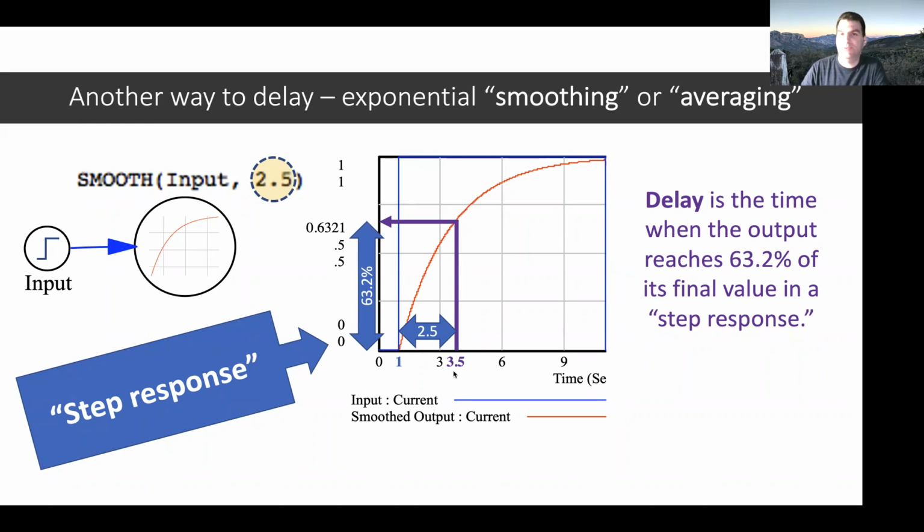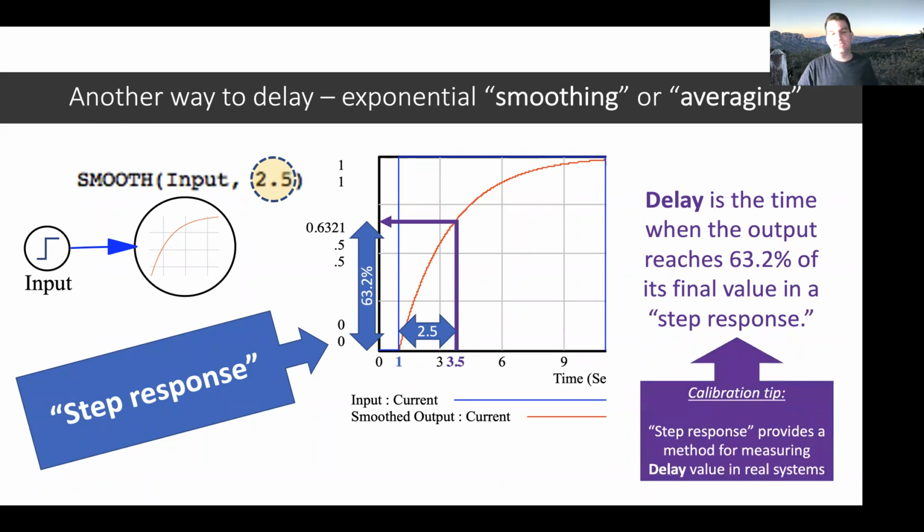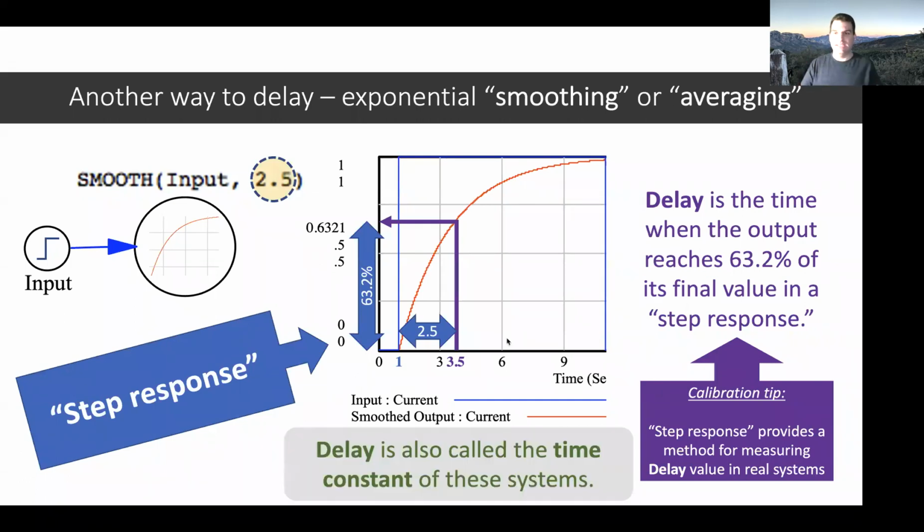Notice the time is at 3.5, but the step happened at 1, so there's a 2.5 second difference. That allows us to figure out what delay parameter to put into Vensim. This again is the time constant I've talked about here.